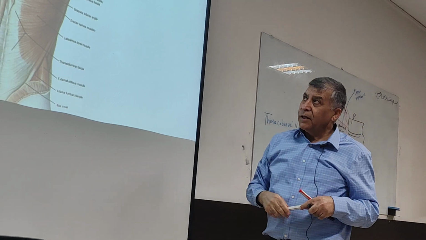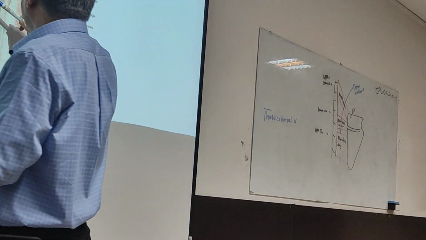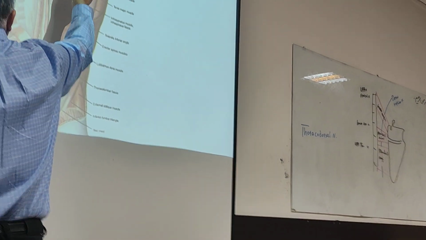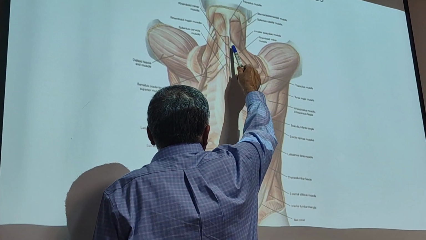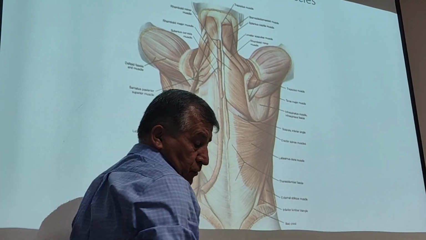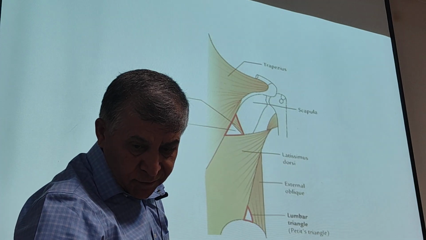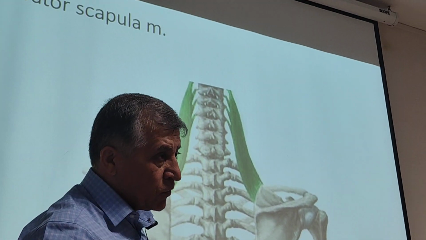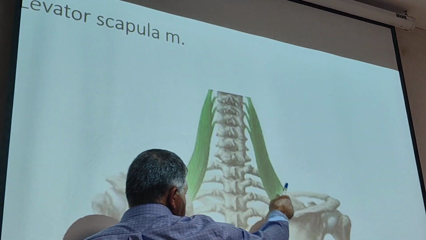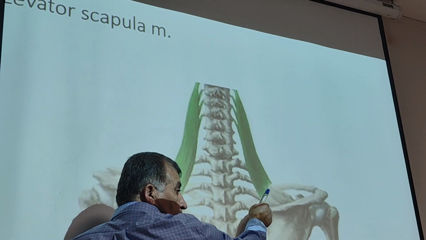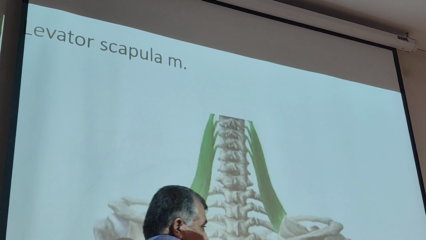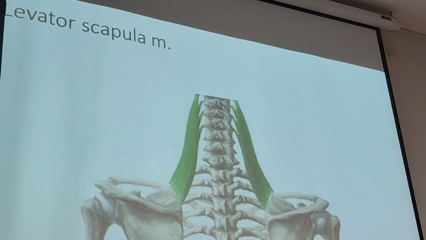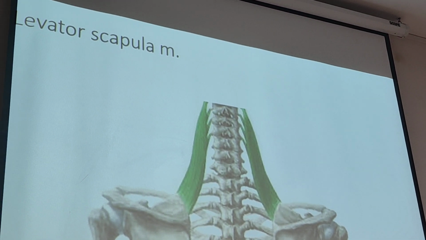Okay? In this figure you can see levator, rhomboid minor, rhomboid major. Levator scapula inserts to the superior angle of the scapula.